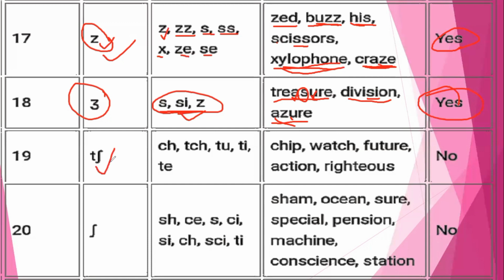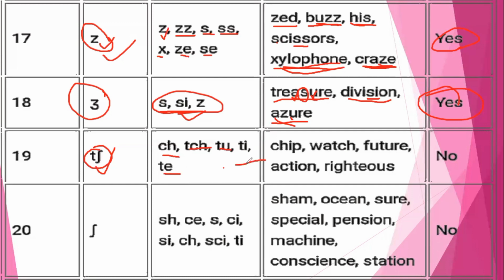Next IPA symbol is cha. You can see there, cha is written like this in the International Phonetic Alphabet, T and long S. That becomes cha. And cha is pronounced cha in the words when there are graphemes like CH, TCH, TU, similarly TE and TI.